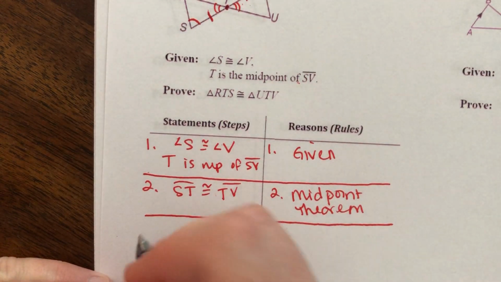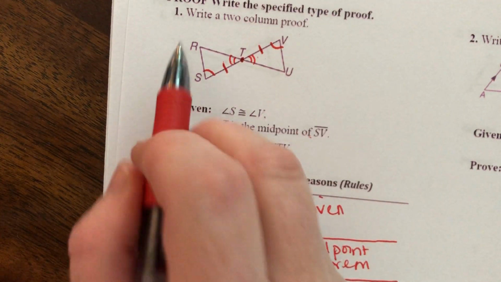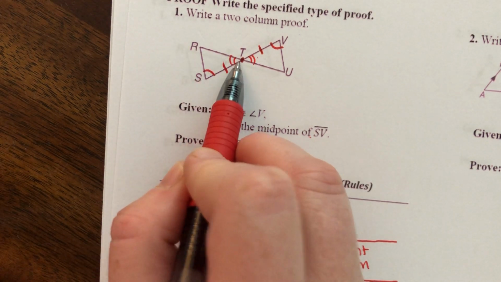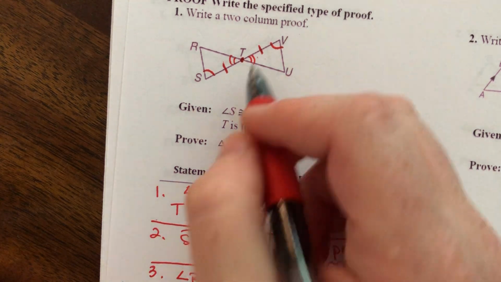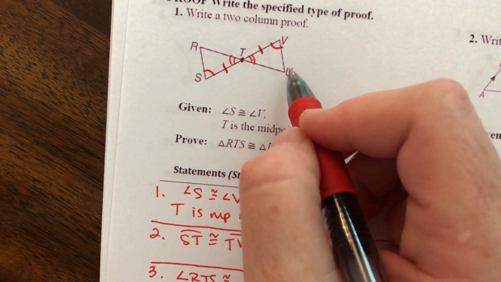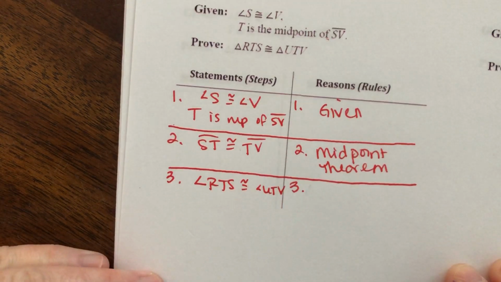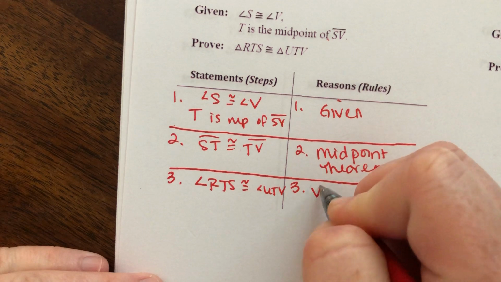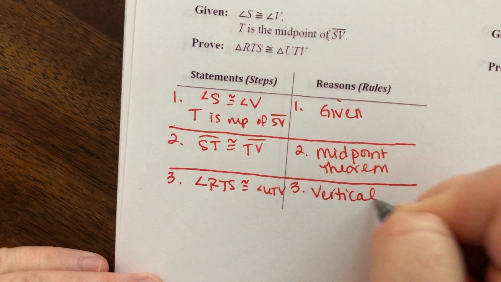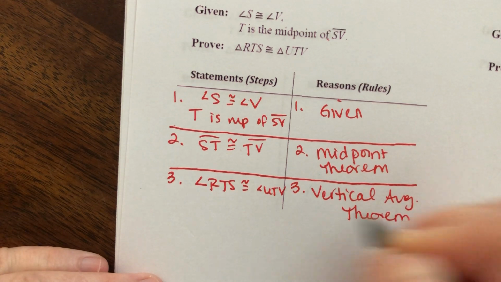So down here, for step 3, I'm going to say angle RTS is congruent to this side, I'm going to call it UTV. Angle UTV. Down here, angle RTS is congruent to UTV because they are vertical angles. So that's the vertical angle theorem.